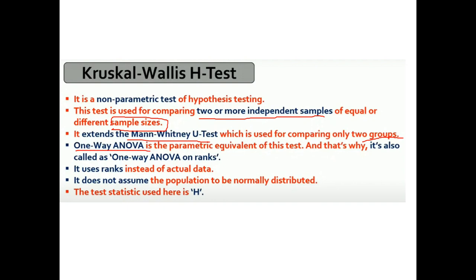It is the same as one-way ANOVA, except it works on ranks; ANOVA works on variance. It uses ranks instead of actual data, so you need the rank of each data sample. It does not assume the data is normally distributed.